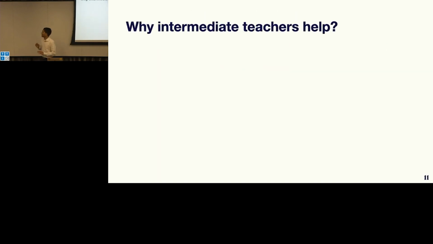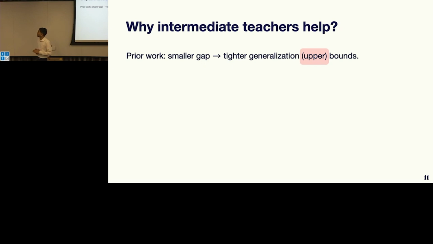In fact, the underlying question that we ask is, how could intermediate checkpoints help? There has been a lot of work in prior studies that tried to understand this question, but they took more of a generalization approach.